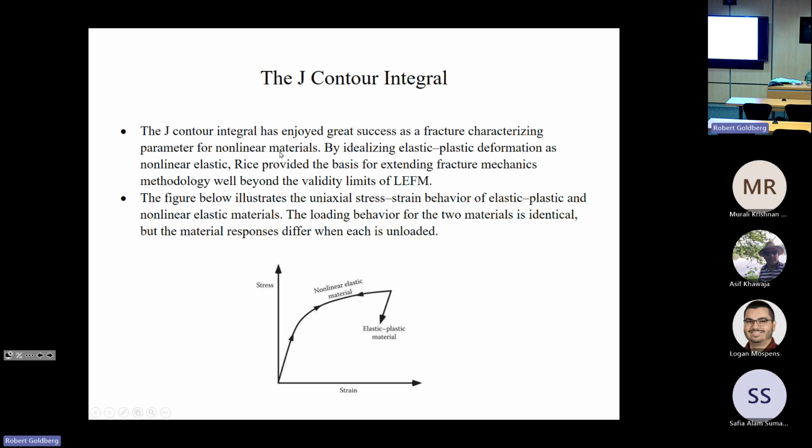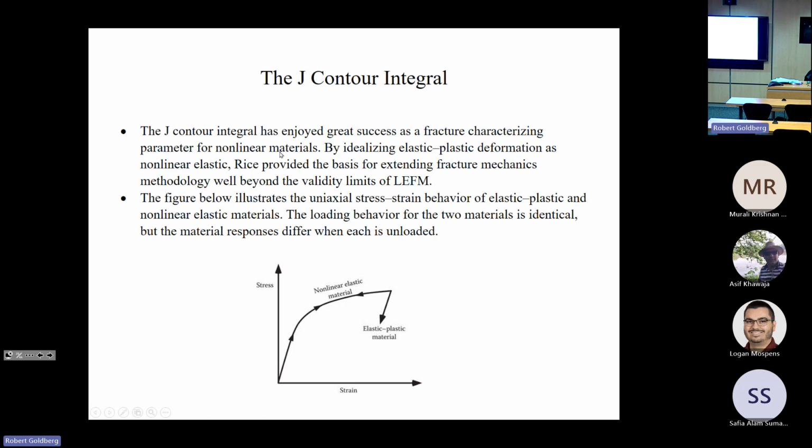And this J contour integral enjoyed a lot of success as a characterizing parameter for nonlinear materials. One of the tricks with this is that even though you have a nonlinear stress strain curve, the assumption for the J integral is that this nonlinear material response is due to the material being nonlinear elastic and not elastic plastic.